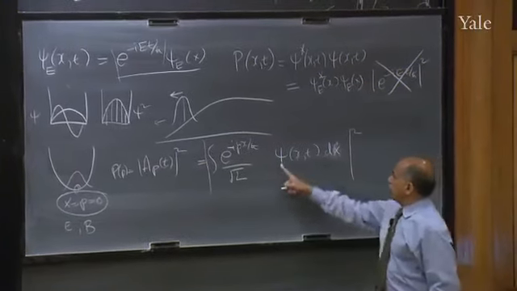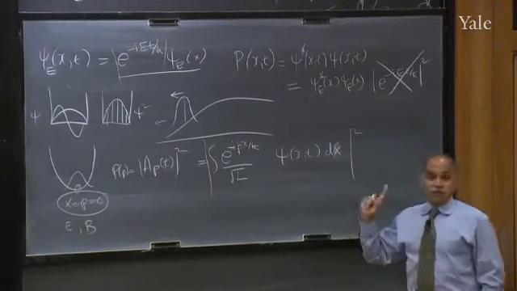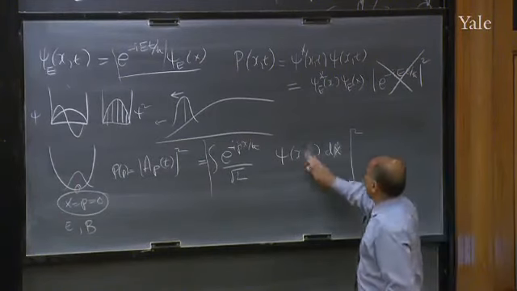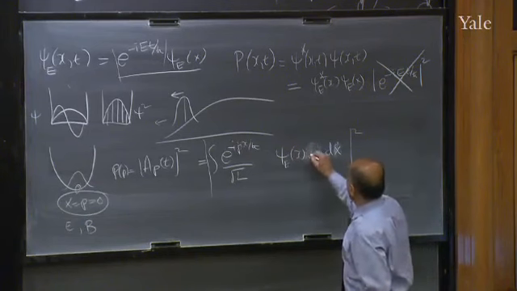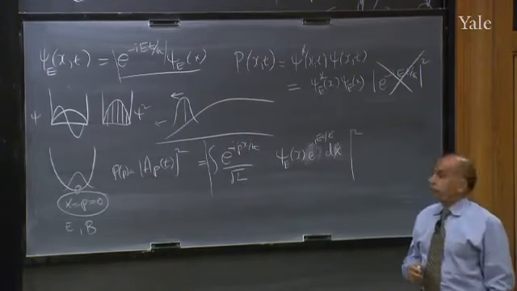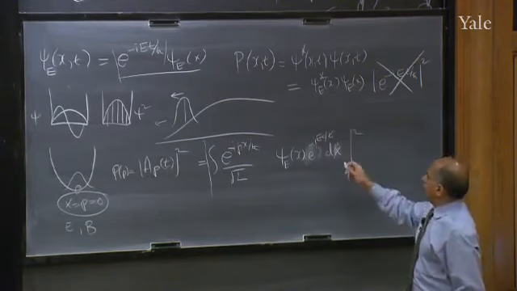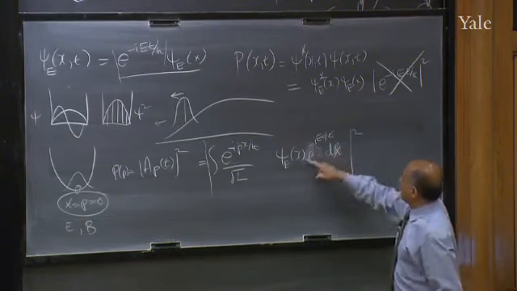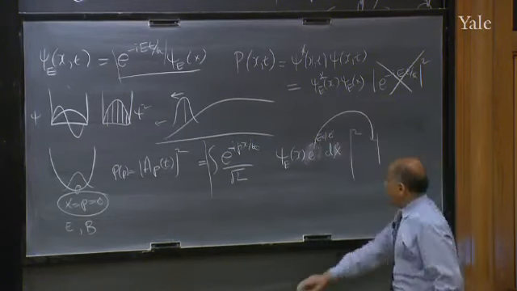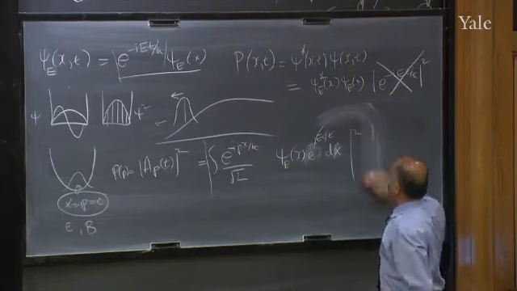Psi of x and t in general has got complicated time dependence, but not our psi. Remember our psi? Our psi looks like psi of x times e to the minus iEt over h bar. But when you take the absolute value, this has nothing to do with x, you can pull it outside the integral. Or let me put it another way. Just do the integral and see what you get.